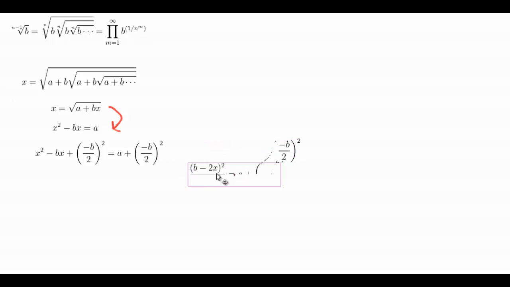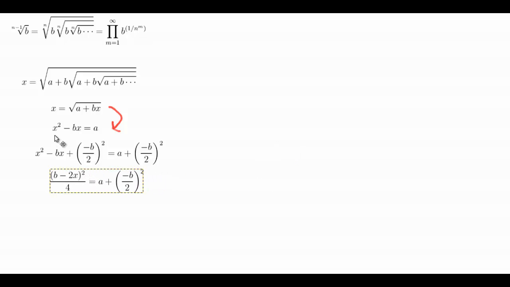So after creating this form here, we can notice that it can be written as this expression down here. And instead of x popping up twice, it now only appears once, which is what we really need to get x alone.